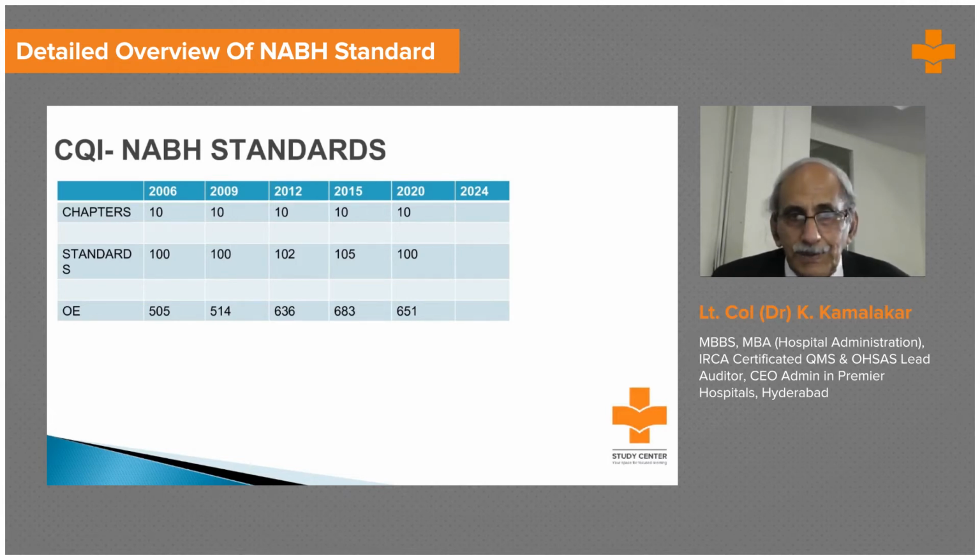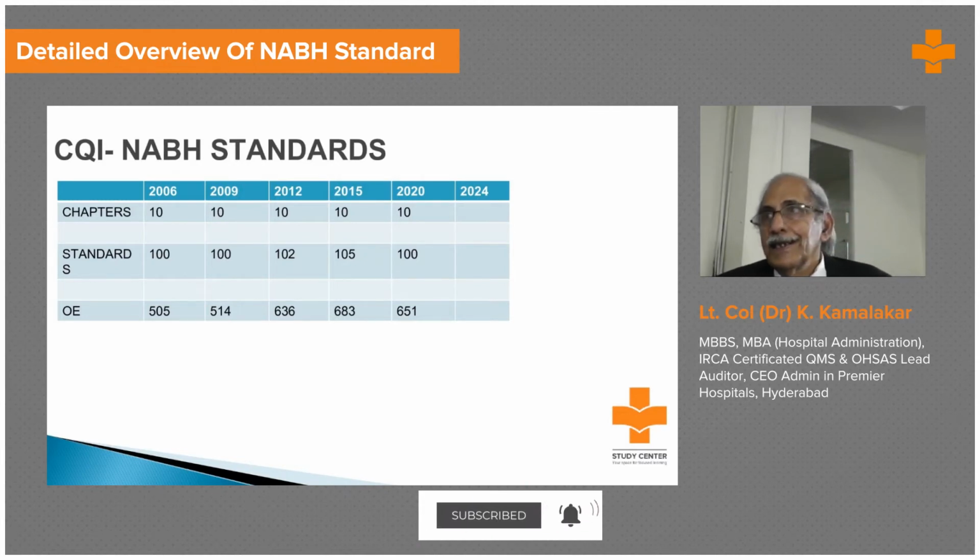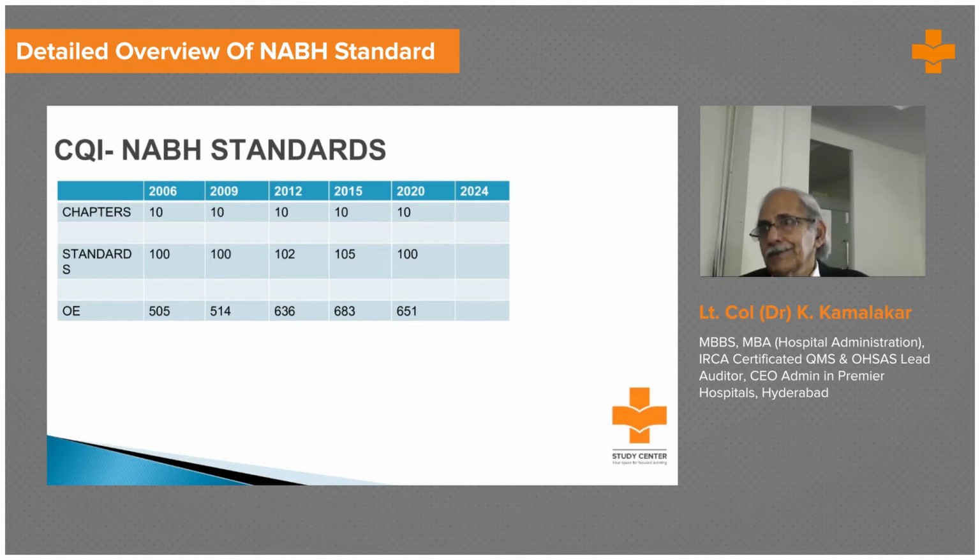But if you look at the objective elements, initially they were 505, it went to 514, then it became 636, then it became 683, and now it is 651. So there is a variation. When I say it is continuously increasing, in JCI, both the standards and the objective elements kept on increasing in quantity.